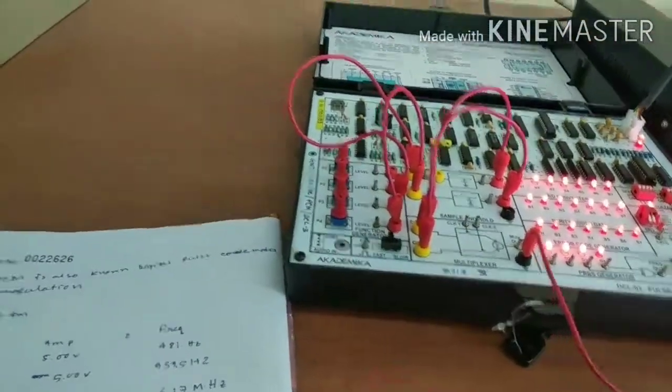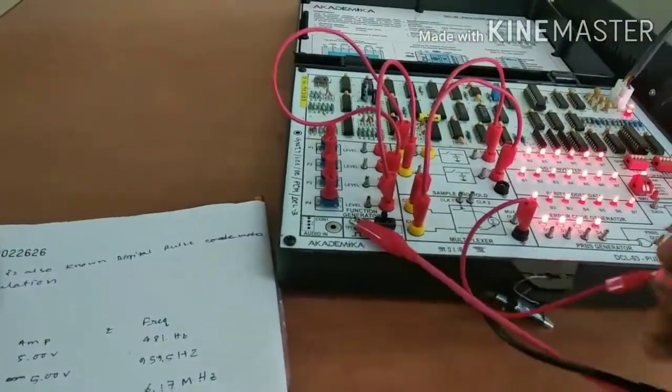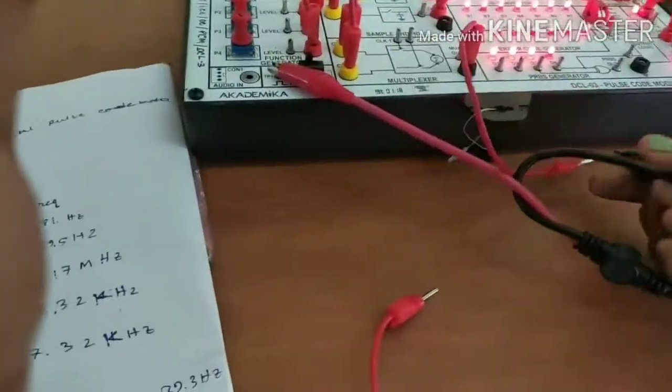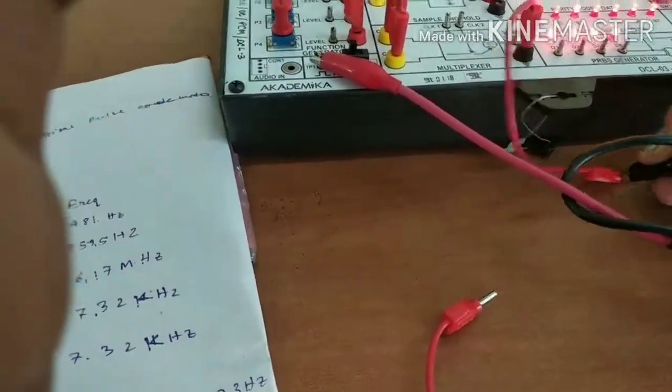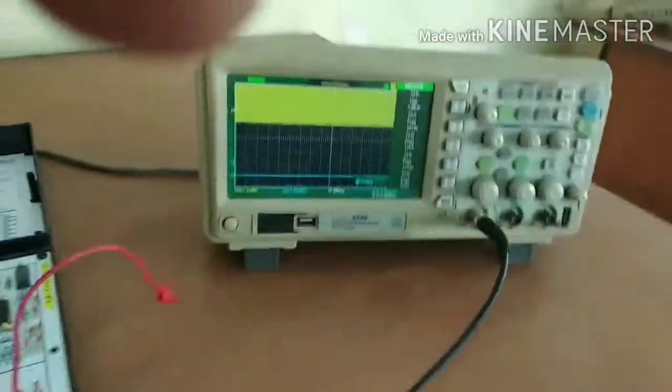Next signal is to measure the clock. For measuring the clock, we need to connect the positive probe here and the negative probe to ground.